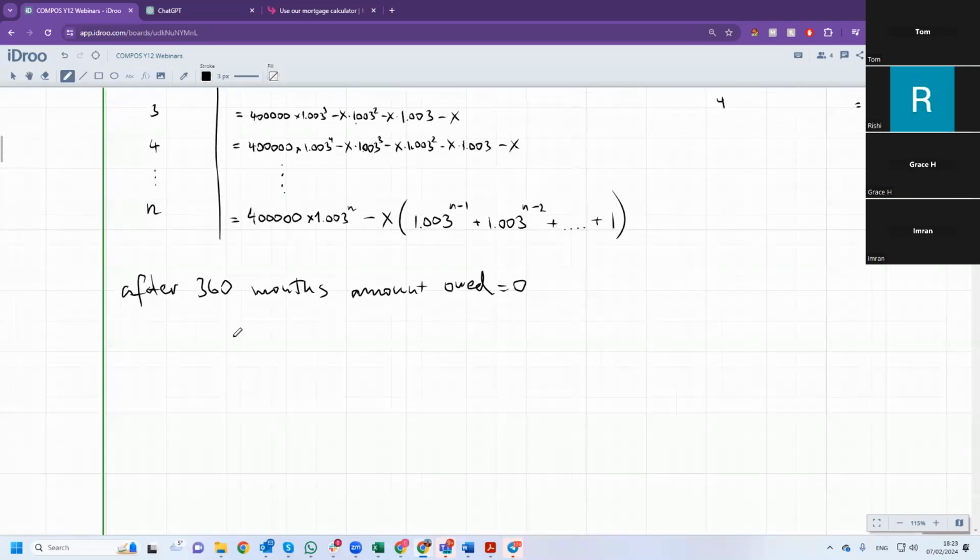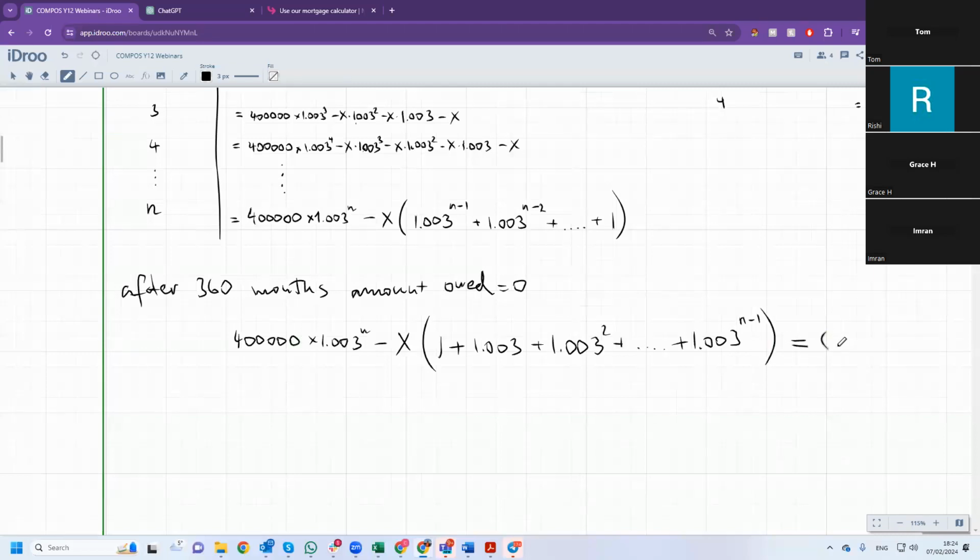So we do 400,000 multiplied by 1.003 to the power n, minus x multiplied by, I'm going to rewrite this as 1 plus 1.003 plus 1.003 squared plus etc. up to 1.003 to the power n minus 1. And that's going to be equal to 0.